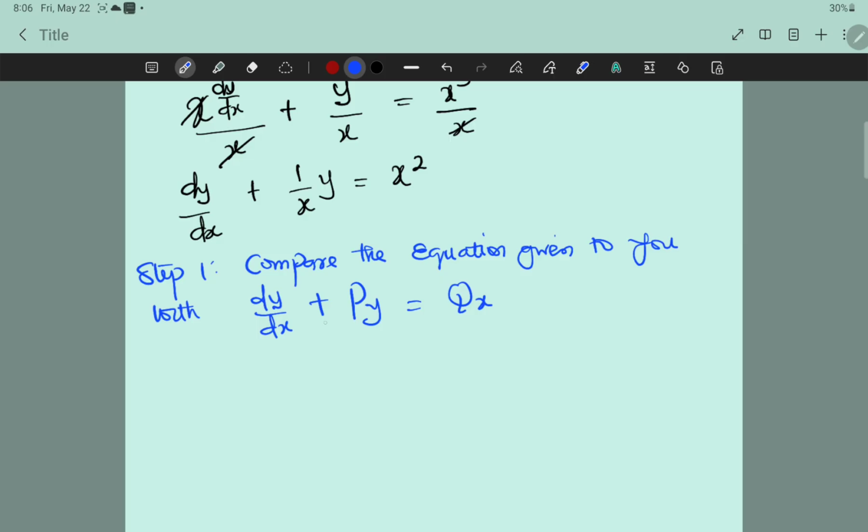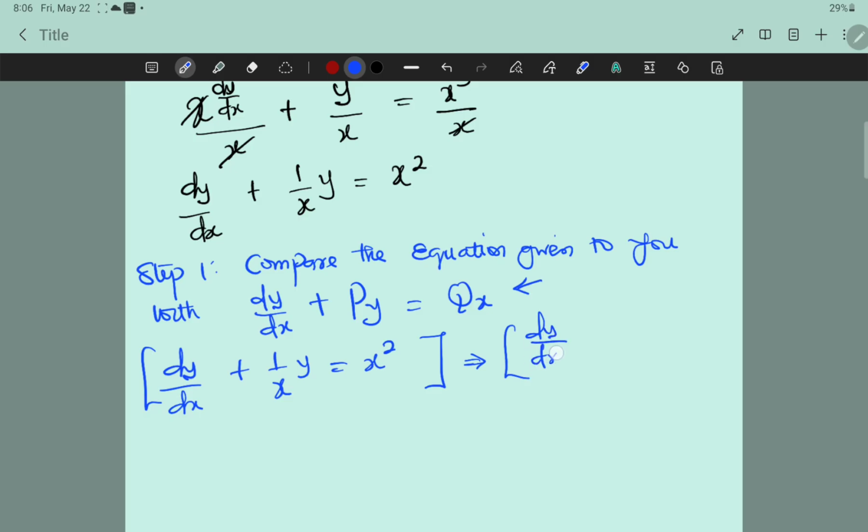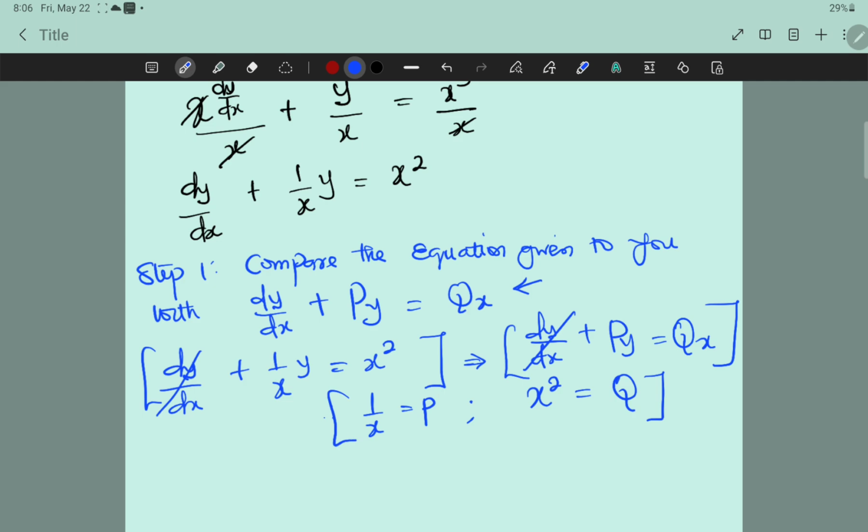So if you compare dy/dx + 1/x y = x squared with dy/dx + py = q, you discover that 1/x is equal to p. It also means that x squared is equal to q. Did you see that? After comparison.